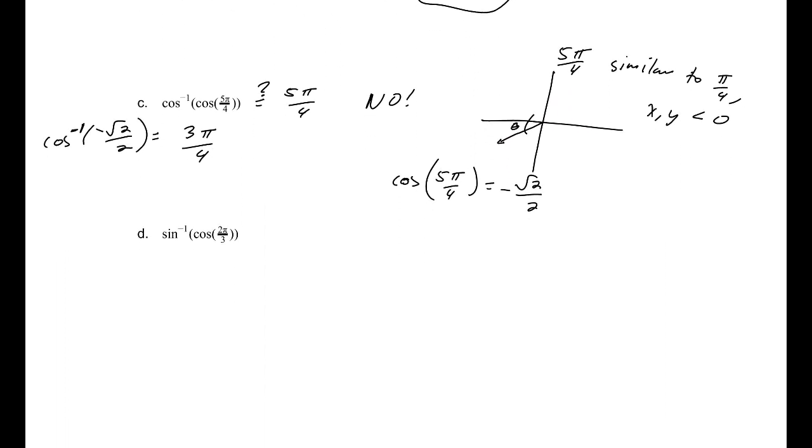Same idea for this next one, our last one. Cosine of 2 pi thirds is right here. If that's our theta, then our cosine is going to be similar to pi over 3.